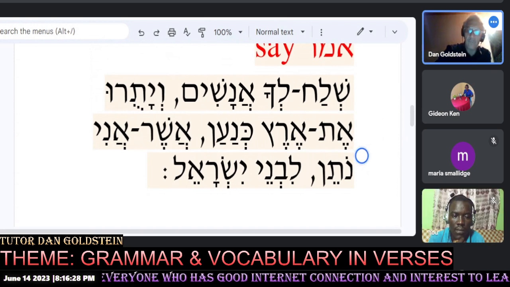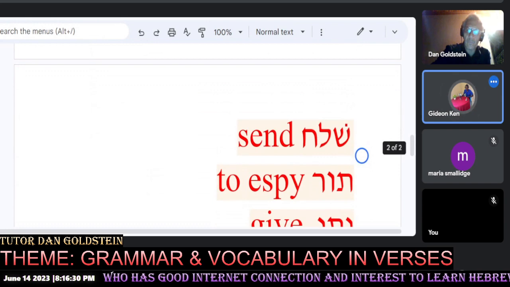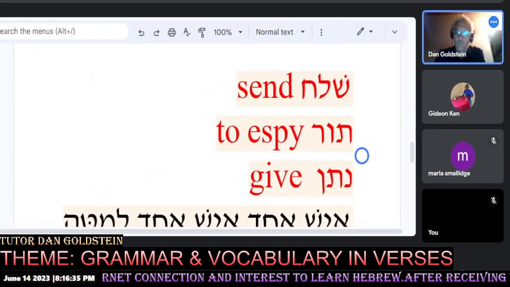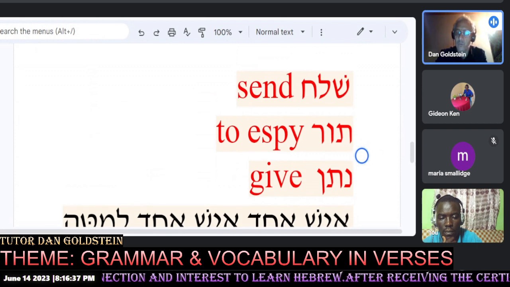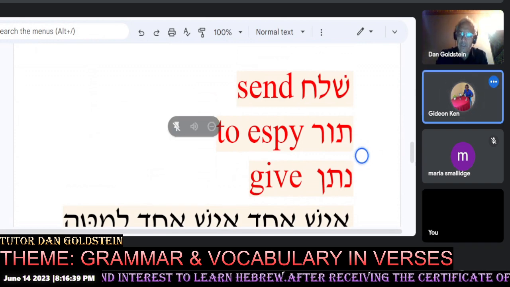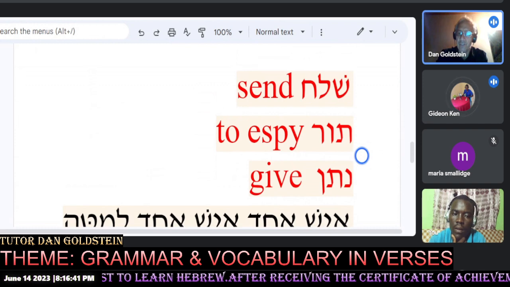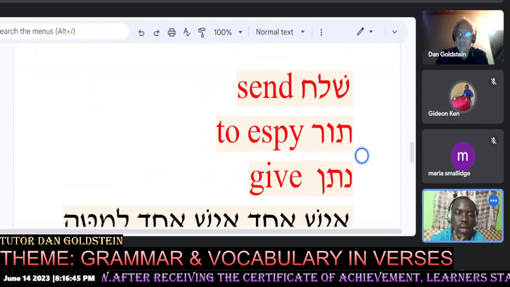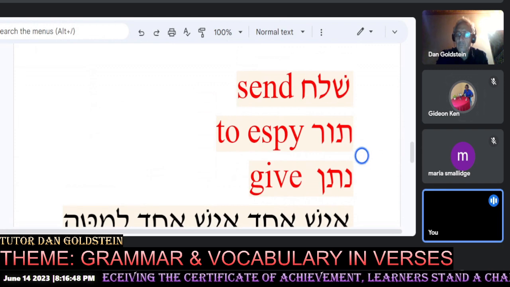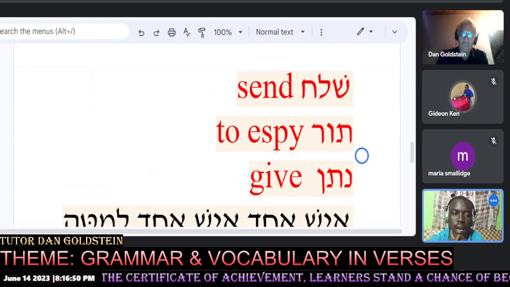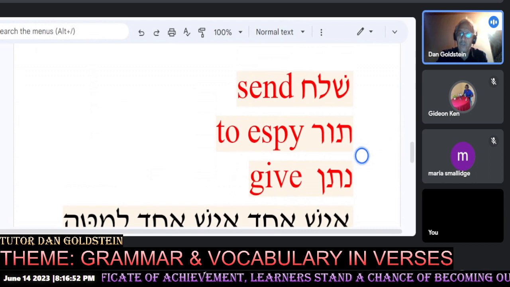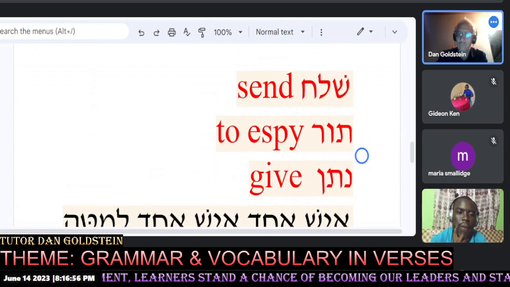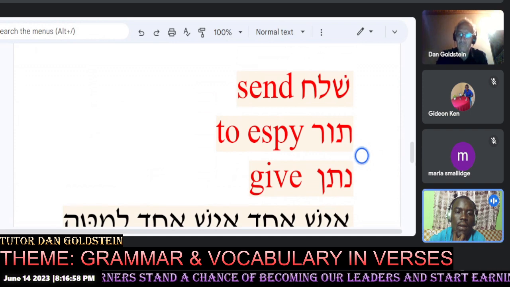Joseph, I'm going to ask you again to read the milim, the red words without the nikudot, and give us their translations, and then we'll look for those milim. We have shalach. You could use all kamats and make it shalach, which means to send.